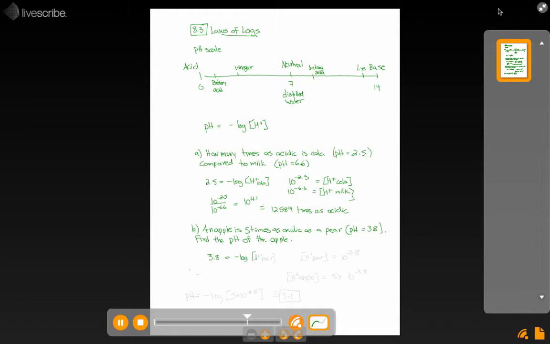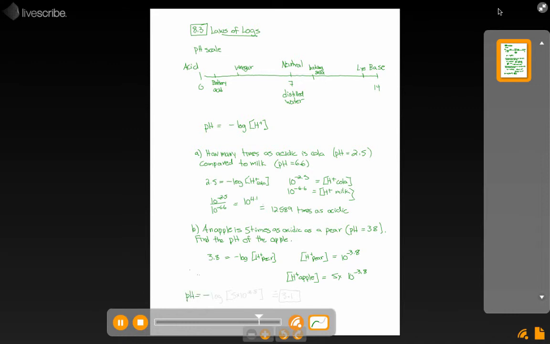So the pear has a concentration of hydrogen of 10 to the negative 3.8. H plus for the pear is 10 to the negative 3.8. We know that the hydrogen in the apple must be 5 times as much. So it's just going to be 5 times 10 to the negative 3.8 without doing any fancy calculation.